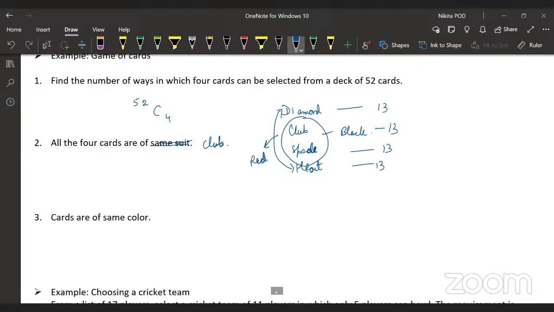Now what we are saying is, what is the number of ways that all these 4 cards come from the same suit? 4C1 into 13C4.